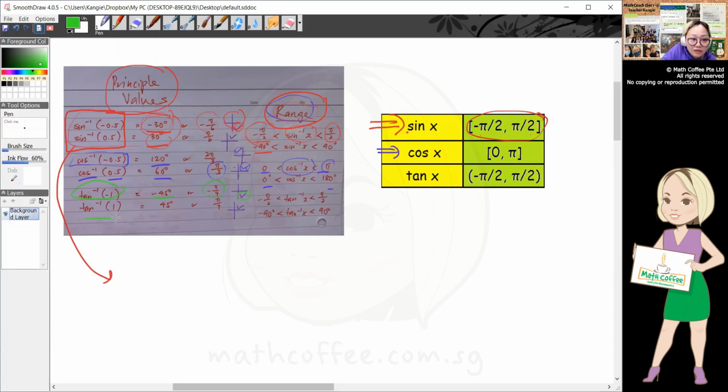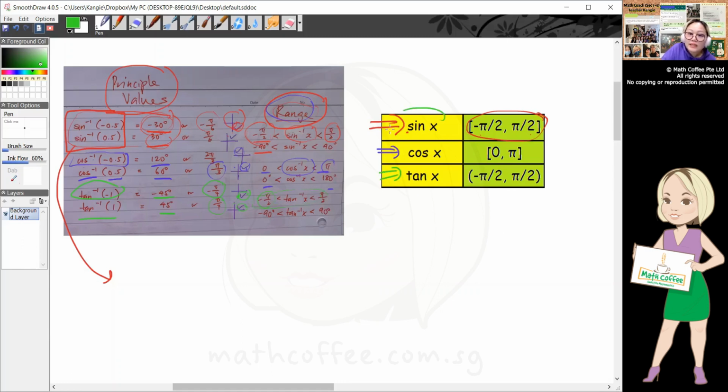When we key in tangent inverse 1, it gives 45, so the principal value of tangent inverse 1 is 45 degree, or pi over 4, in the first quadrant. Then look at the range. Because it's from the fourth and the first quadrant, in the fourth quadrant the maximum is minus pi over 2, and the first quadrant goes up to pi over 2. That's why the range is from minus pi over 2 to pi over 2.